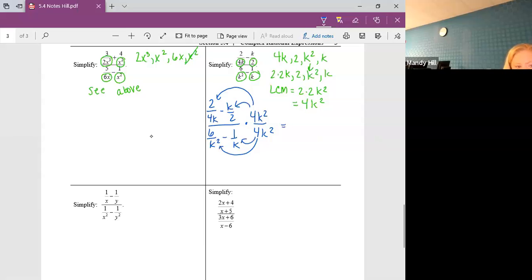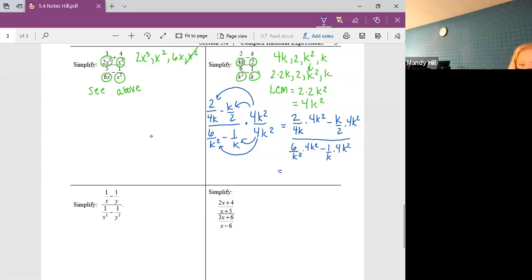Okay, so that's going to give me 2 over 4K times 4K squared minus K over 2 times 4K squared, over 6 over K squared times 4K squared minus 1 over K times 4K squared.